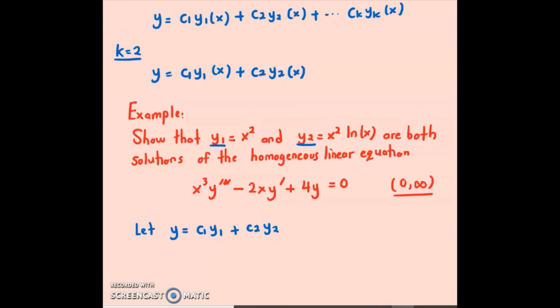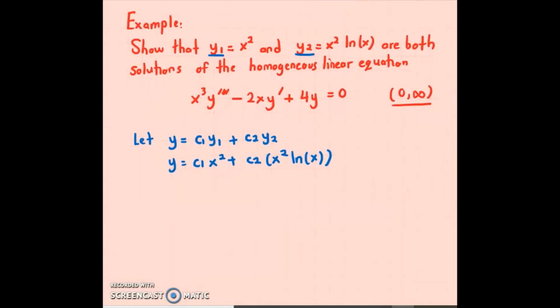We have to differentiate this y up to the third derivative. Before that, let me put in the y values first: y equals c1 x squared plus c2 x squared ln x.